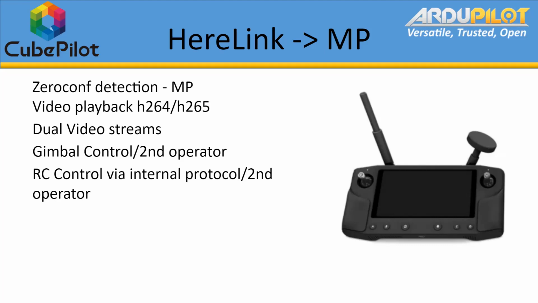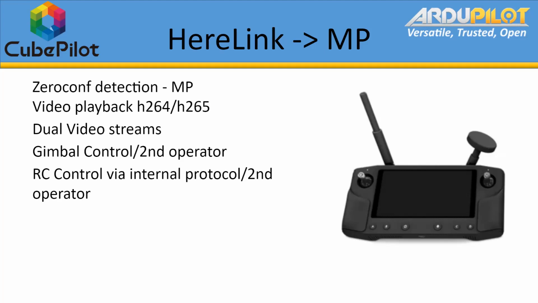What I'm saying here is that the person flying it on the HereLink is using an FPV camera, and then there is a secondary controller or laptop running Mission Planner, or one of the other ground control stations that supports it, that can view a second camera feed or a gimbal feed independent of the first FPV feed, and control that camera separately. So the pilot can fly and the gimbal operator can fly the camera.